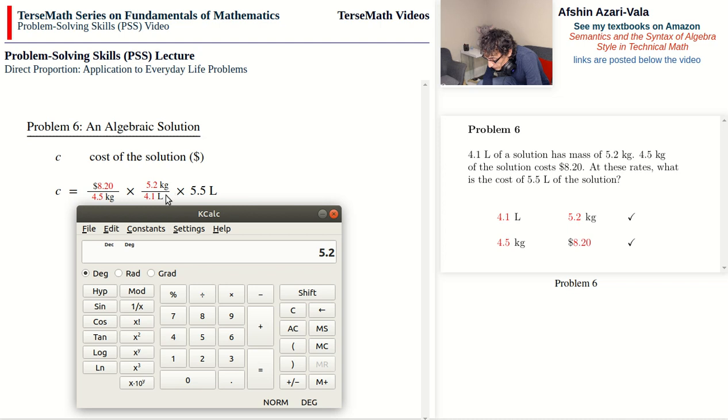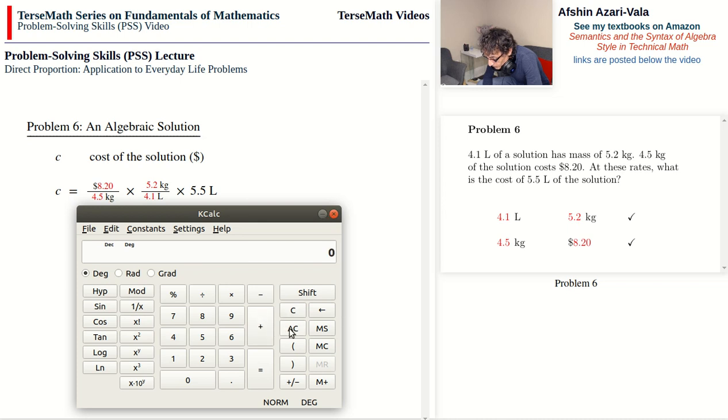Then divide by 4.1, and then multiply by 5.5. And now you say equals. And so it's about $12.7. As far as the unit goes, liters cancel out, kilograms cancel out, and the final unit will be dollars. So $12.71.